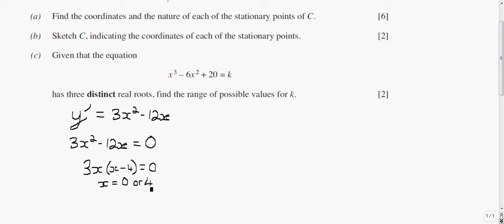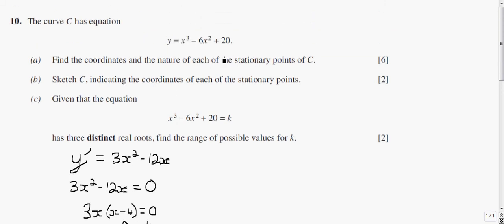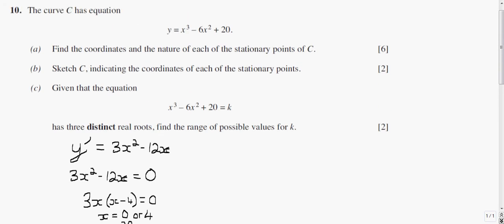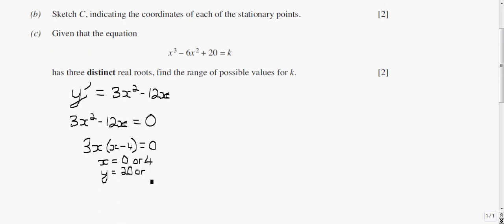Then for each of these you find the y value. At x equals 0, y is going to equal 20, and at x equals 4, y is going to equal 64 minus 96 plus 20, which is negative 12, I think.